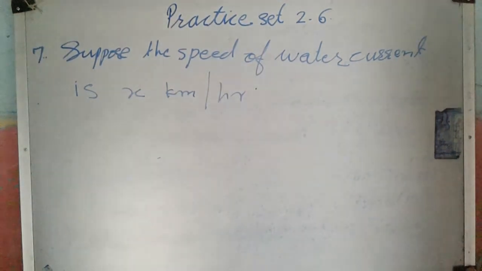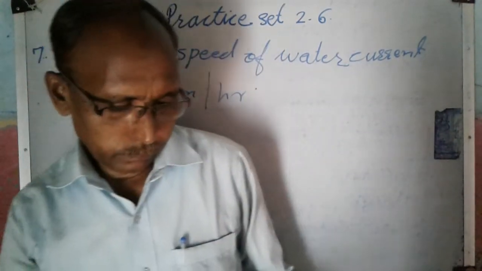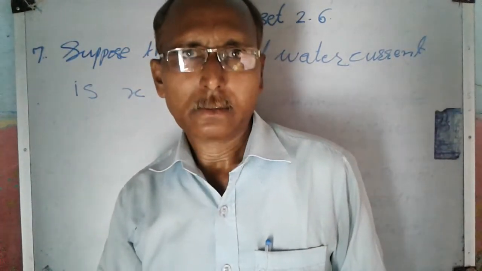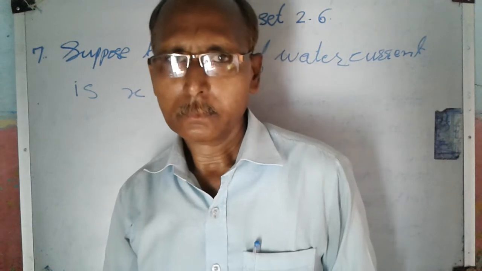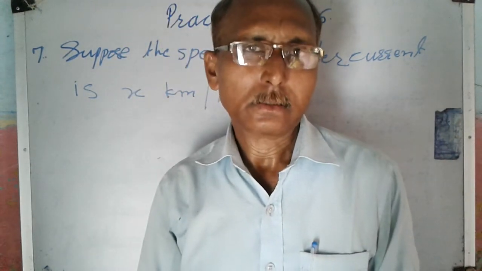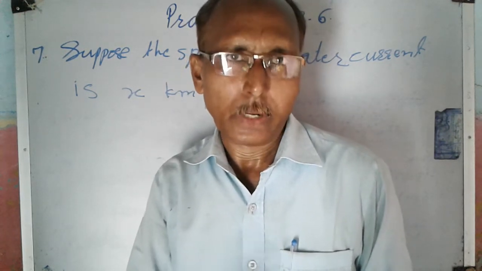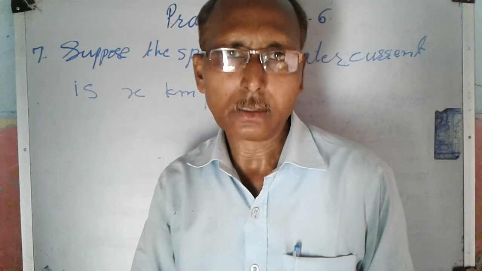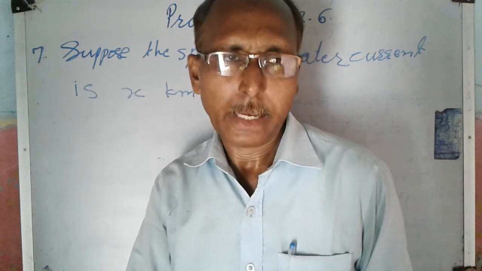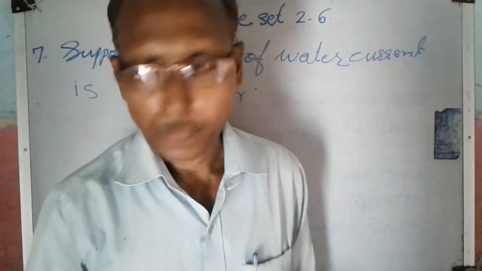So here the boat travels downstream and it travels the same distance upstream, and the total distance covered is 36 km and the time taken is 8 hours. Suppose the speed of the water current is x.